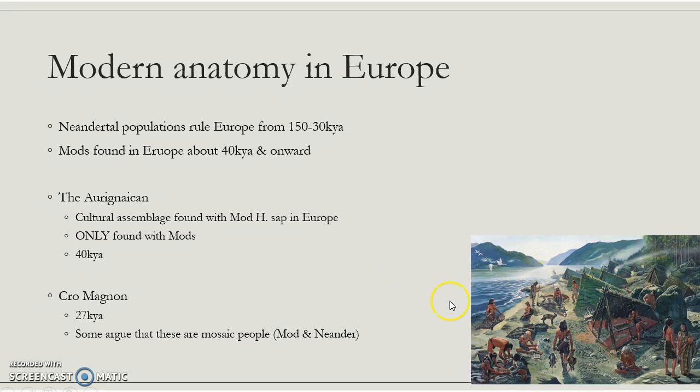In Europe, we see some differentiation between modern human populations here and elsewhere. So we actually see a new stone tool assemblage. It's only found with modern Homo sapiens. It's not found with Neanderthals, and it's only found in Europe. It's called the Aurignacian.